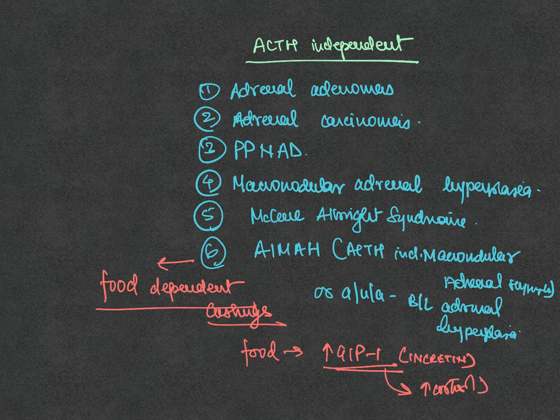So this is called as AIMAH. This will cause adrenal activation causing cortisol increase. So this is the classification of ACTH dependent and ACTH independent type of Cushing's syndrome.